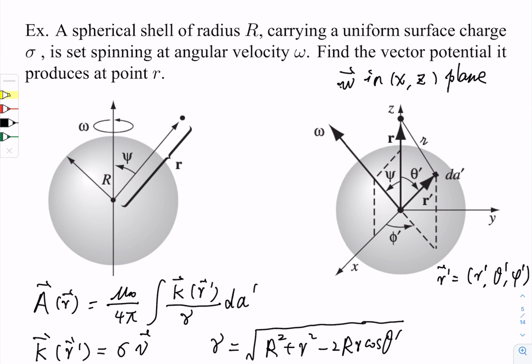We can also calculate the magnetic dipole moment of this rotating shell as well. So to calculate the magnetic dipole moment, what we have to do is to get m equals I integrating over the dA.